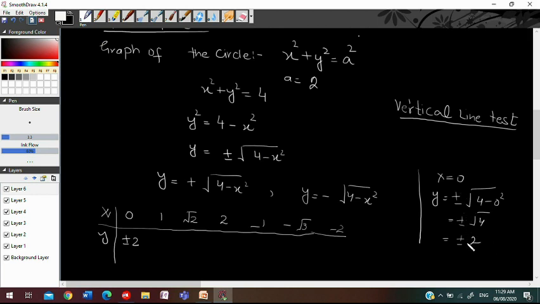So when x is equal to 0, the points are 0 and plus minus 2, and we can write this ordered pair over here.